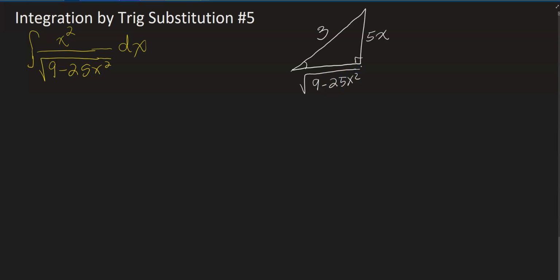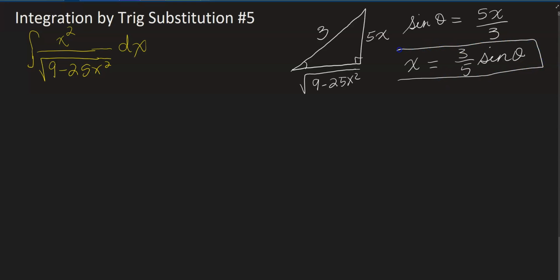Okay, now when looking at this triangle, we would say sine of theta is going to equal opposite over hypotenuse. So that would be 5x over 3, so that x is equal to 3/5 sine theta. That's one of the things that we need for our substitution.